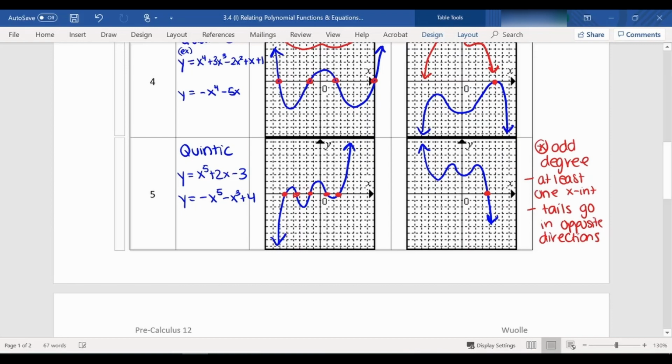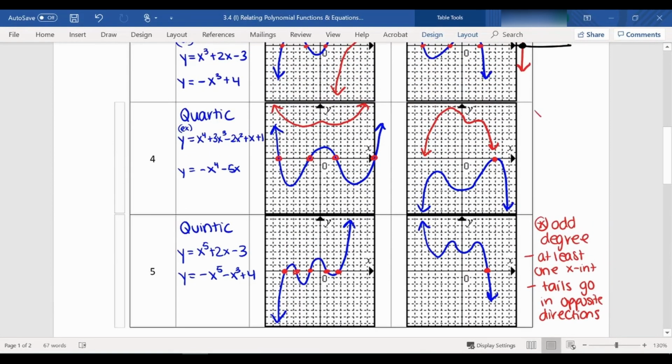Okay. For your even degrees, you could have no x-intercepts. You either open up or you open down, and the tails go in the same direction as each other.